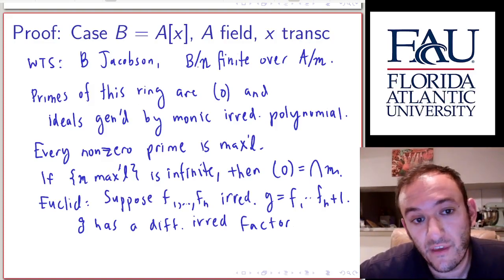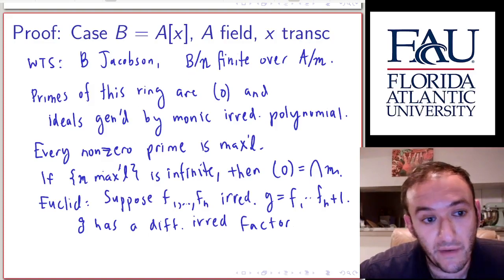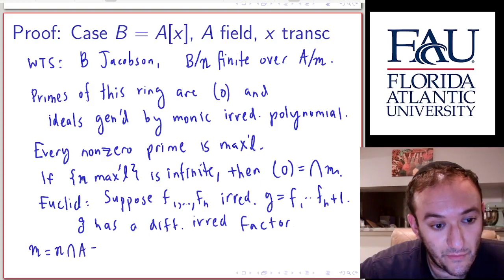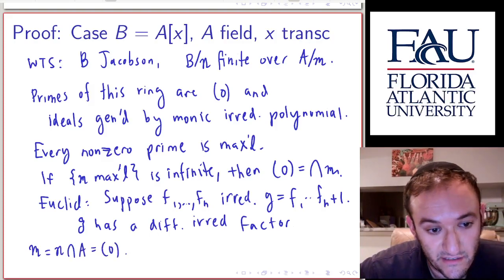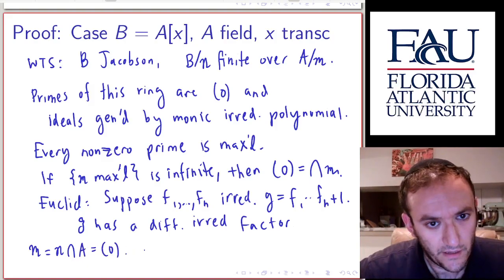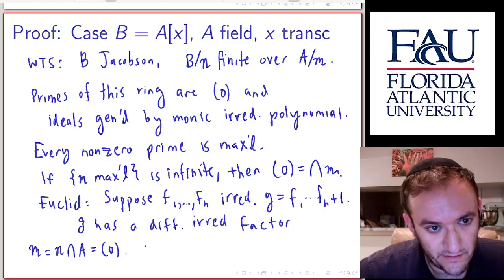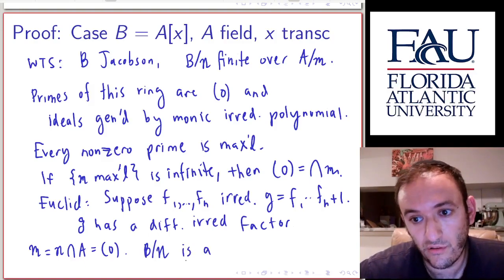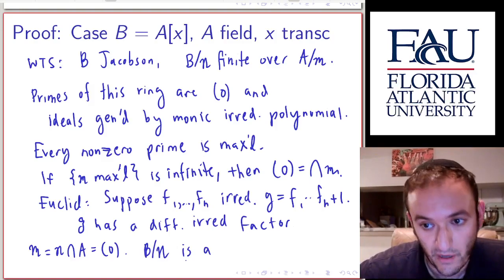To prove that B mod n is finite over A mod m, well, m is equal to n intersect A, which is just going to be the 0 ideal in every case, because the only maximal ideal of a field is the 0 ideal. And B mod n, we can tell, is just an extension by a variable that satisfies a monic irreducible polynomial.